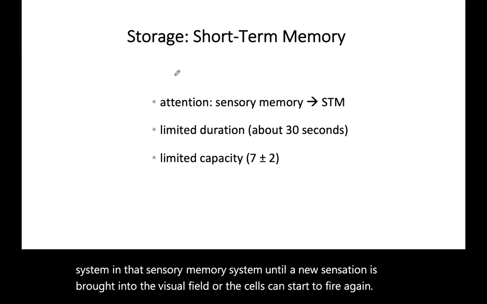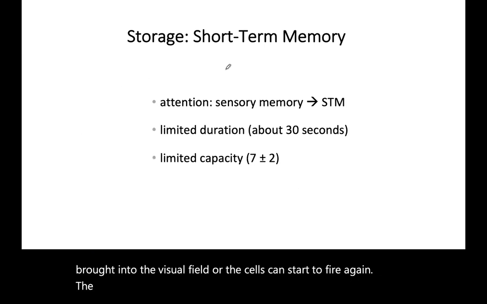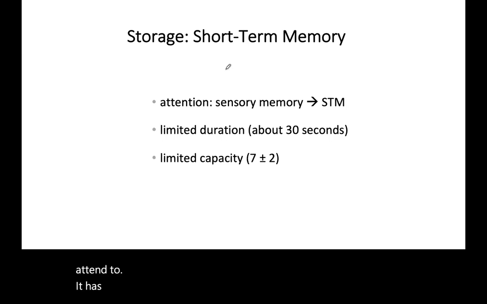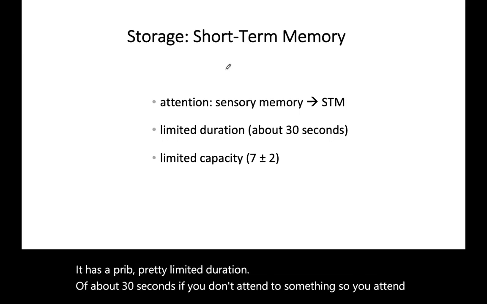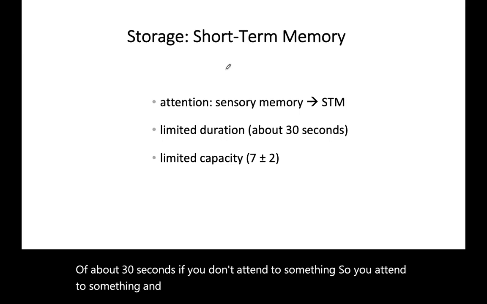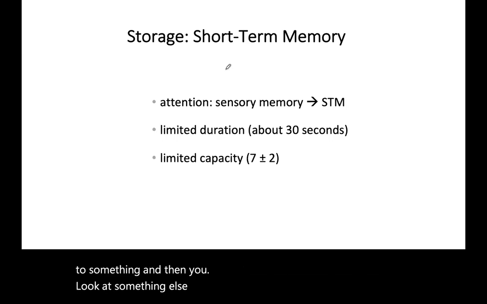Okay. The original model of short-term memory is it's those things that we attend to. It has a pretty limited duration of about 30 seconds. If you don't attend to something, so you attend to something and then you look at something else, and I do this all the time, right?